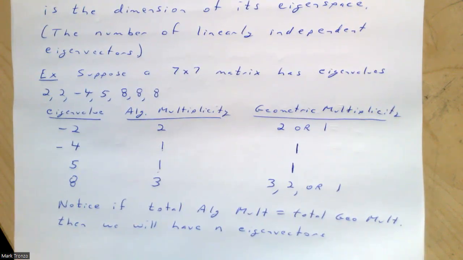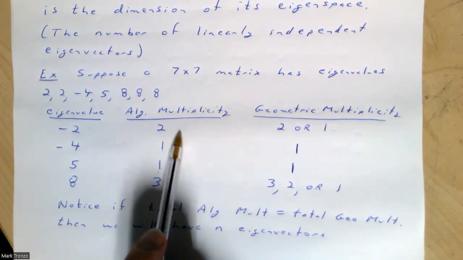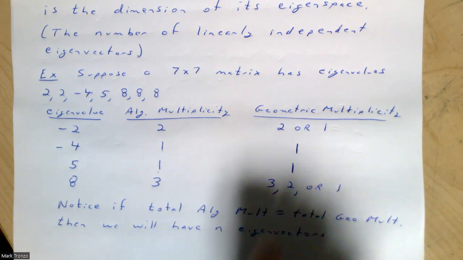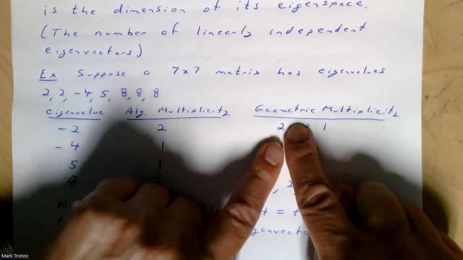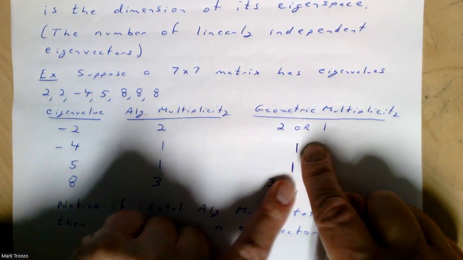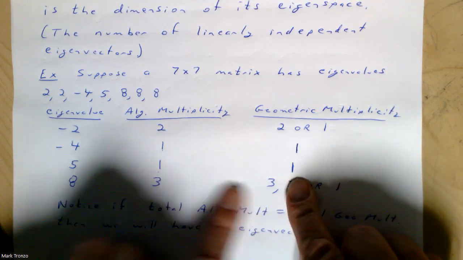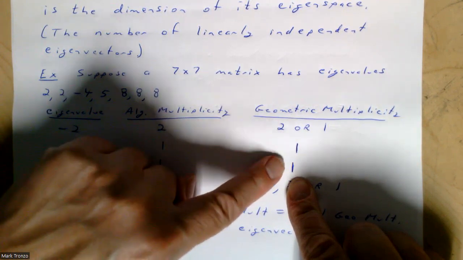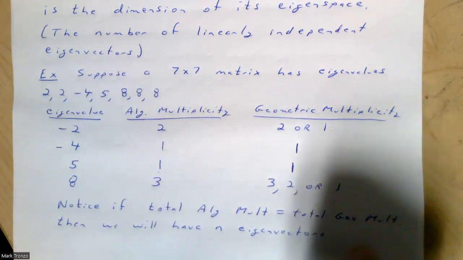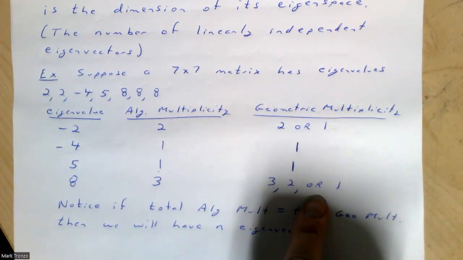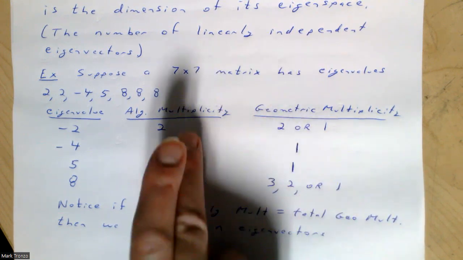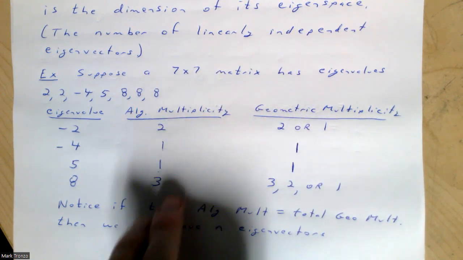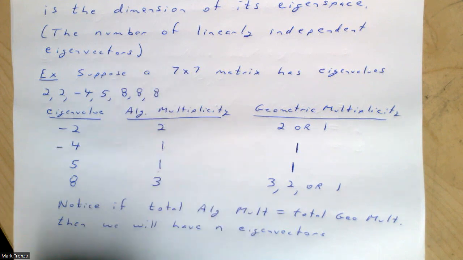So if it happens to be that they're equal, like here, for example, if you ended up having 2 here and having 1, of course, here, and let's say you had 3 here, you would end up having 2, 3, 4, 7 eigenvectors, and 7 eigenvalues, including the repeats.